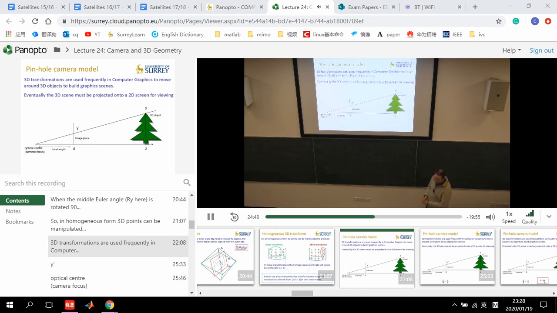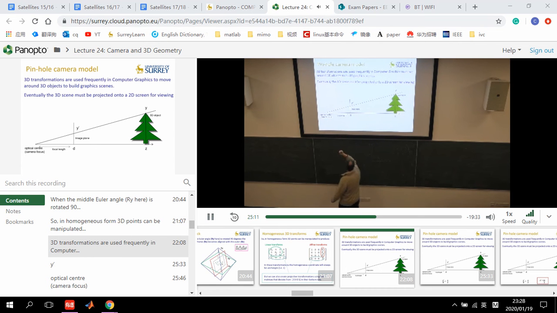So we can see that this is nothing more than a system of similar triangles. We've got 2 right-angled triangles here. We've got the triangle that has side D, Z, and then this long hypotenuse here. And then we also have this smaller triangle here that's also a right-angled triangle.